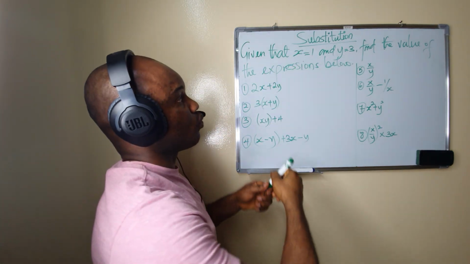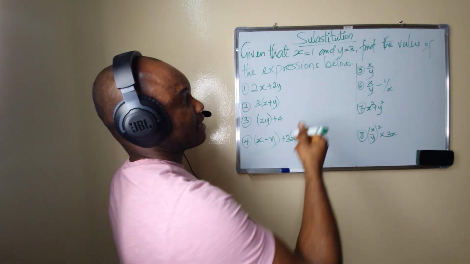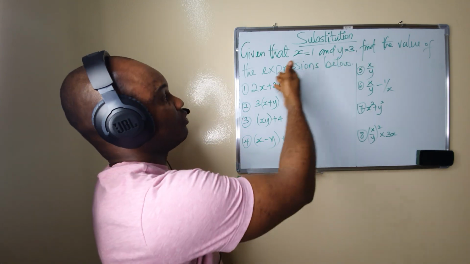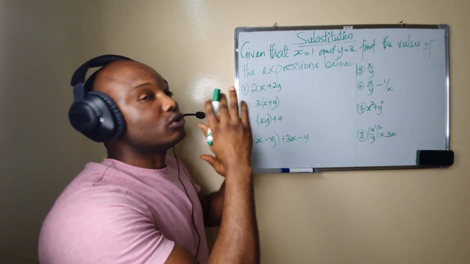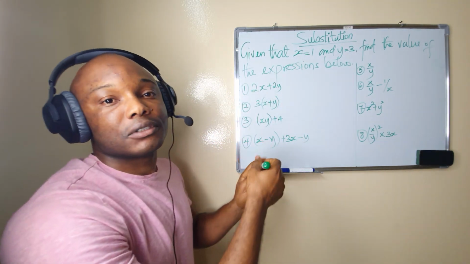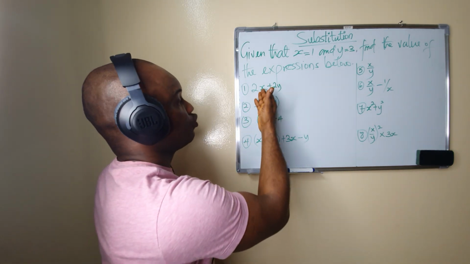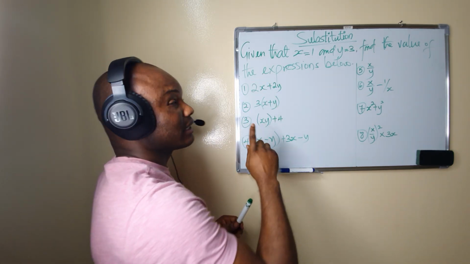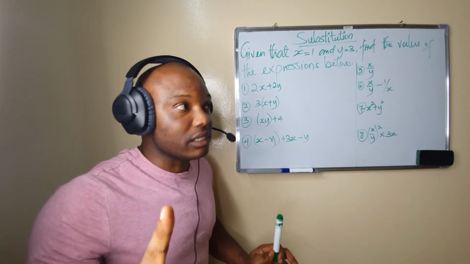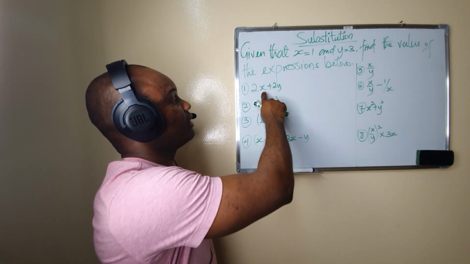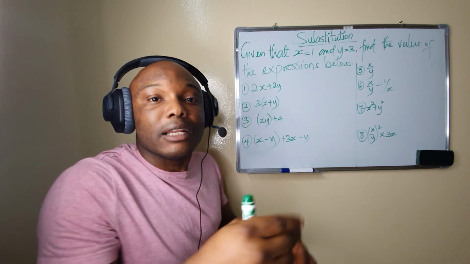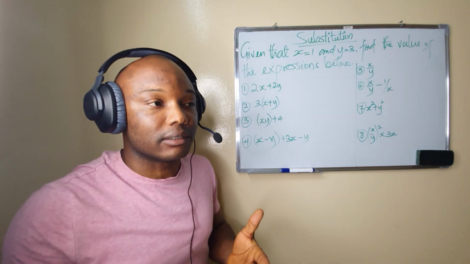Given that x is 1 and y is 3, find the value of the expressions below. So we are going to demonstrate substitution using these examples. For the first case, 2x. 2x is not 21. I have seen students a lot of times make mistakes to replace just the value of x without checking the mathematical operation in existence.